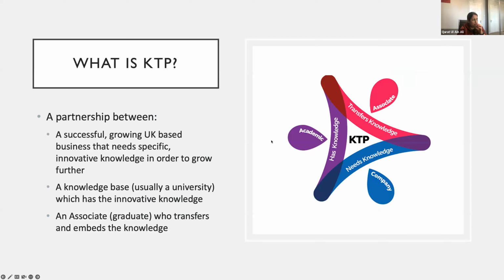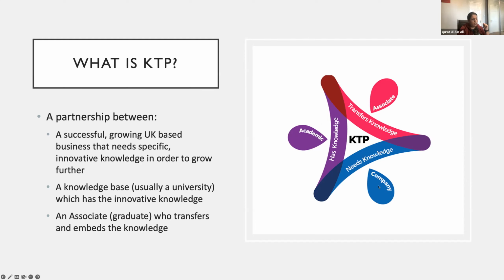So in KTP, this is the official logo of KTP. You have three partners. KTP stands for Knowledge Transfer Partnership. We have three sides or three partners of a KTP. The first one is the academic partner, which has all the knowledge.